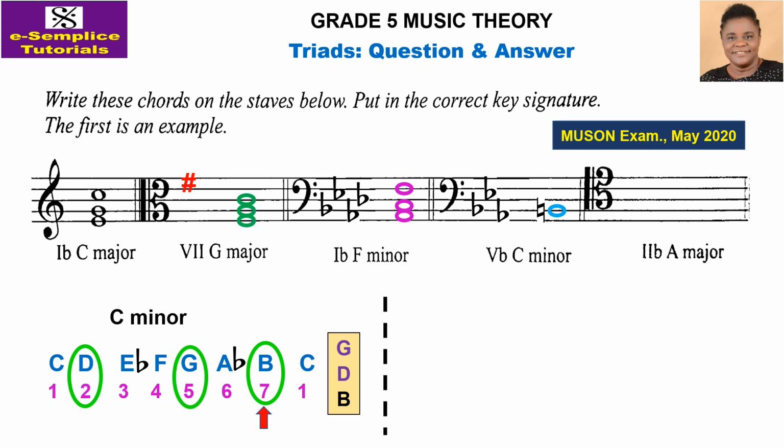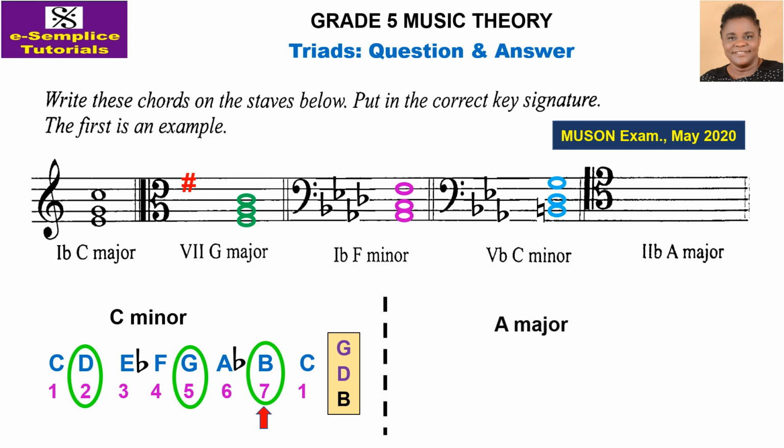And remember, this is C minor. The flat of B was taken away when you raised B because B is the 7th degree in C minor. Now D, and then G.